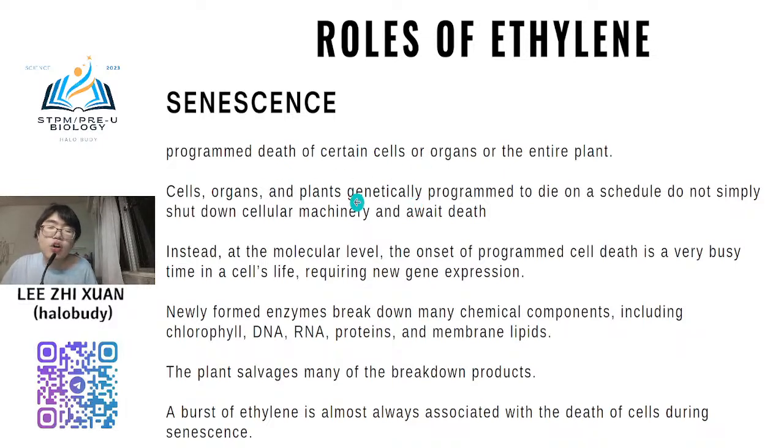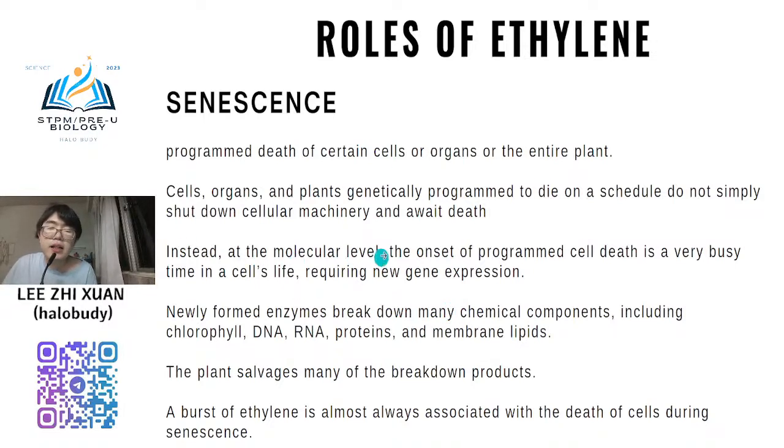Normally cells, organs, and plants are genetically programmed to die on a schedule. They do not simply shut down cellular machinery and await death. Compared to humans, it will not completely shut down the cellular metabolism and just wait to die. No, it has its own program.